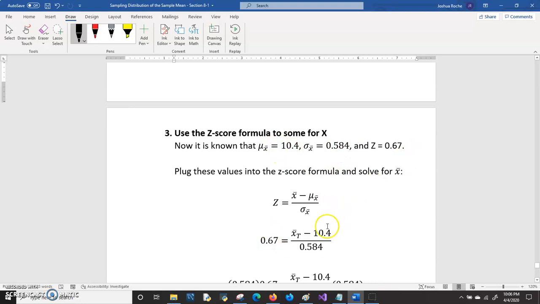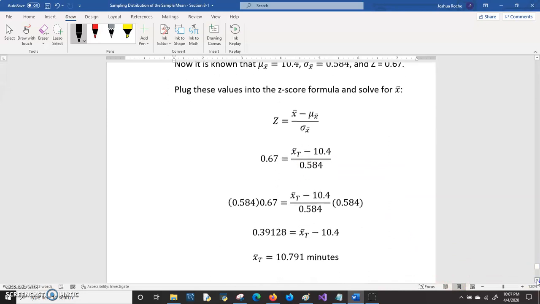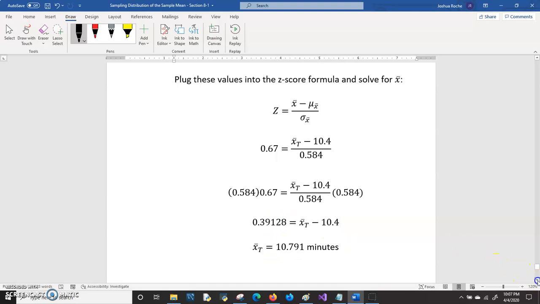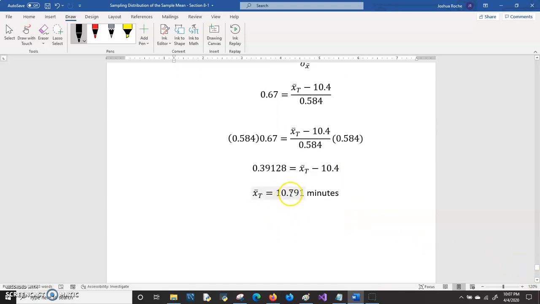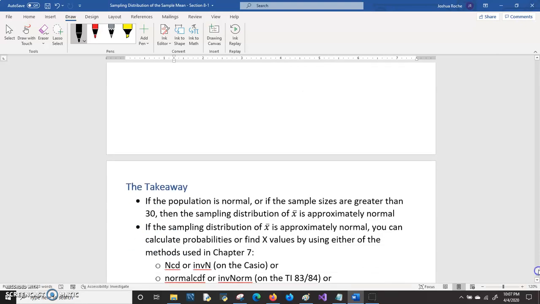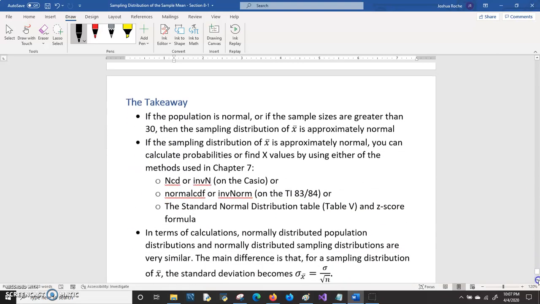So we'll plug all of those in. The thing that we are looking for is that x bar t. We're still looking for that sample mean. Solve for that x bar t. So multiply by the standard deviation on both sides, then add 10.4 on both sides. When you solve for it, you end up getting 10.791 minutes. Pretty close to that result using the calculator. That's the last part of that example.